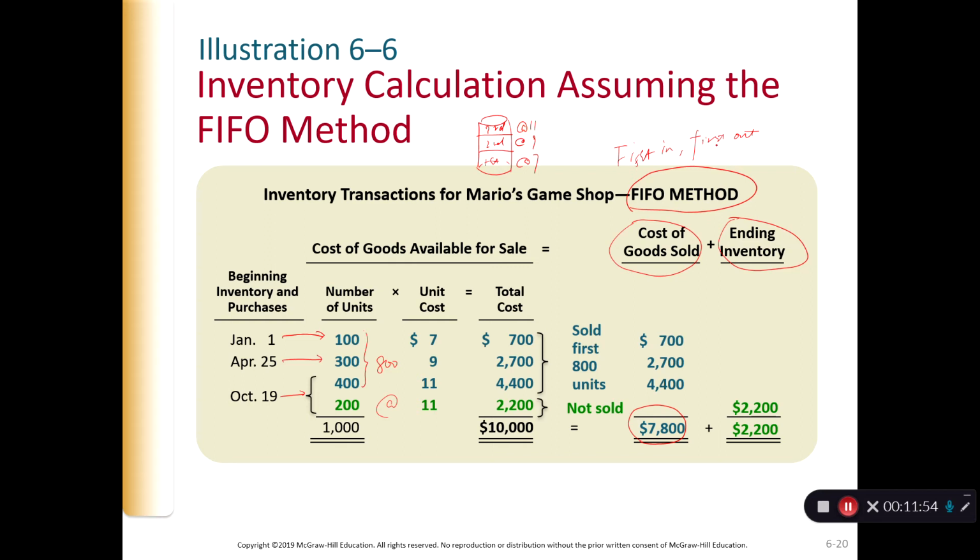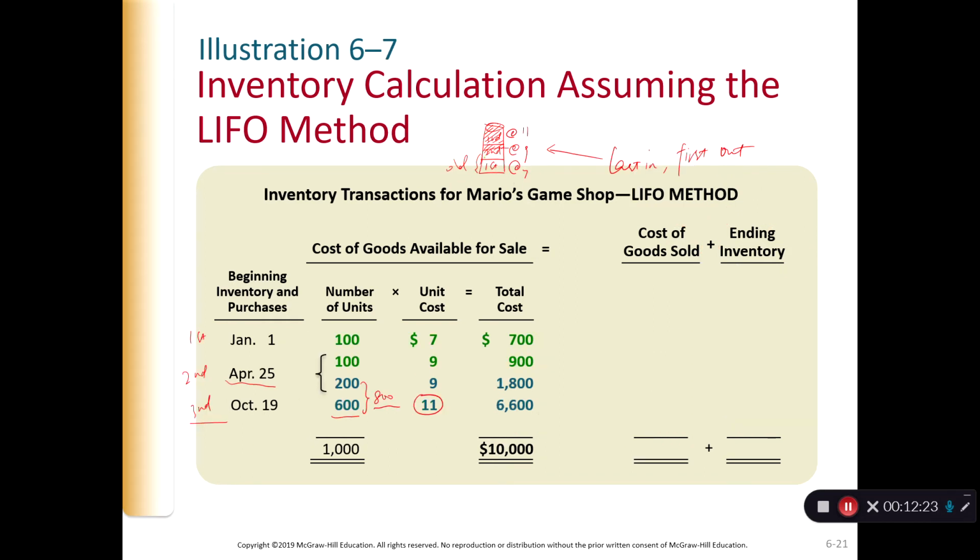So with first in, first out, we're taking from the bottom: first layer, second layer, and the third layer, until 800 units fill the order. We start with the bottom and leave the upper level, the latest purchase, as ending inventory.